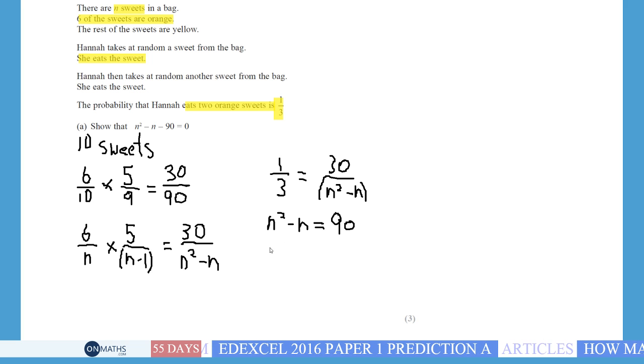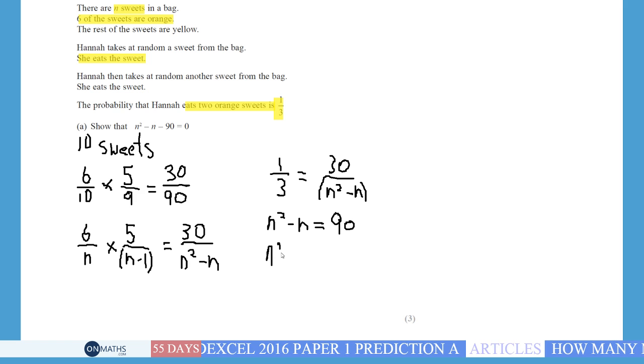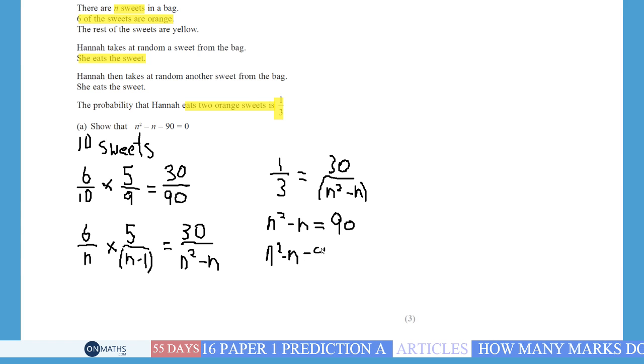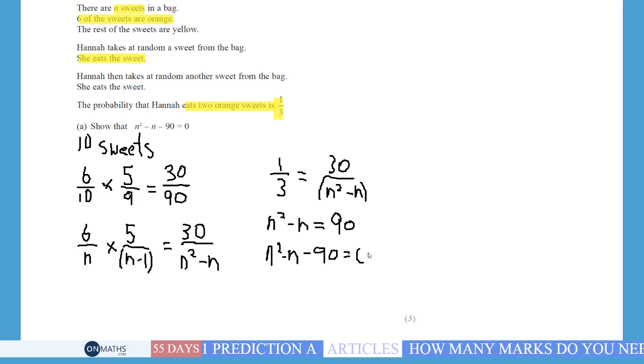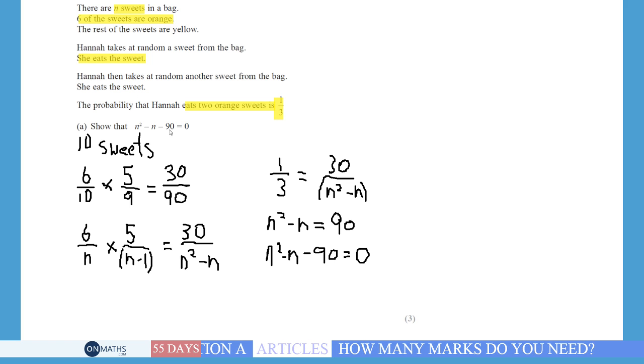Then I'm just going to take away that 90 from both sides, and you can see now n squared minus n minus 90 is what it says in the question.